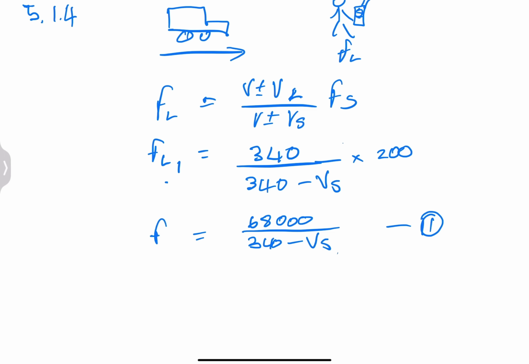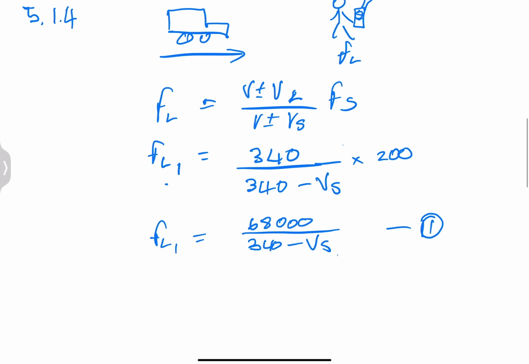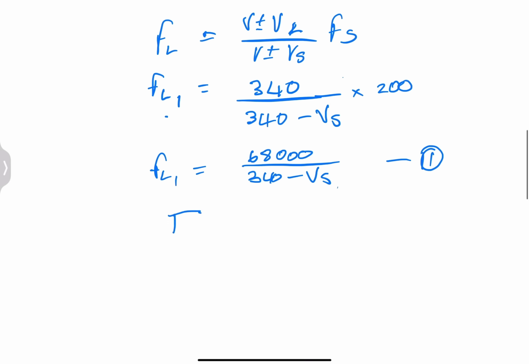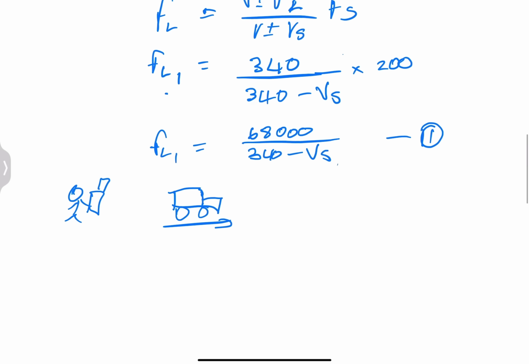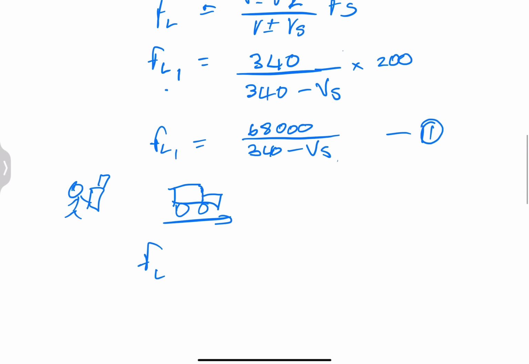Okay. So then for the next one, this is when the car is moving away from the listener. Okay, so the car is moving away, so I know that the perceived frequency would be less than the one for the source, right?